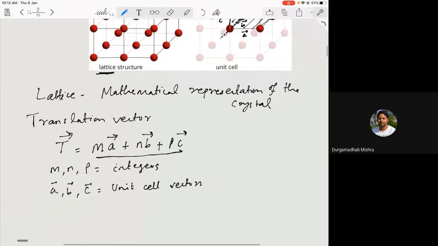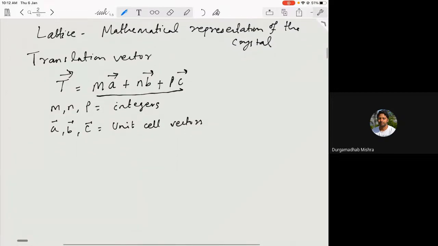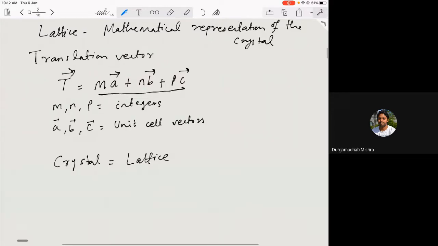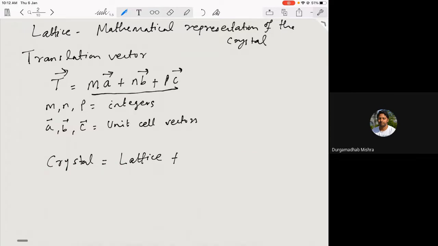So in fact, when we talk about a crystal, we say a crystal actually consists of a lattice. That means this arrangement of points which follows one of these translations, plus then you need to add atoms or molecules to those points.